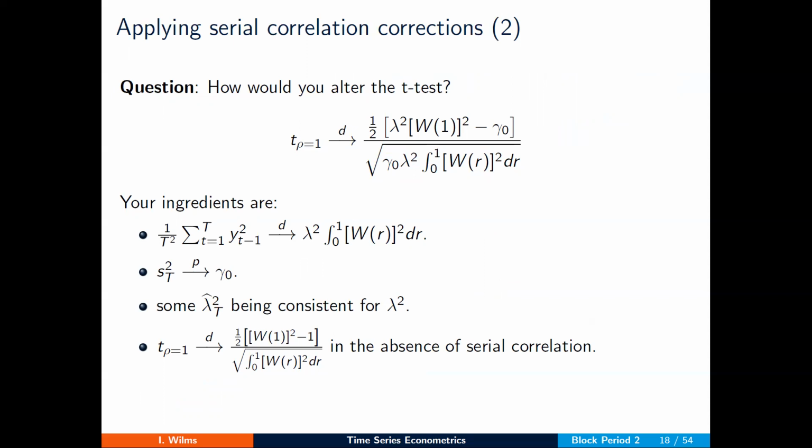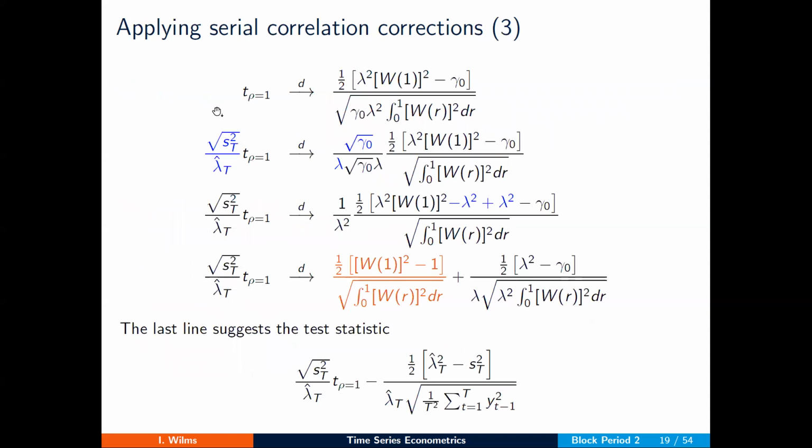Break it up again in a part where you recognize the limiting distribution from last week that didn't contain any nuisance parameters, and a part that depends on nuisance parameters. I summarize here all the key ingredients on this slide, such that you can look back at this. On the next slide, let's start from the definition of the t-statistic.